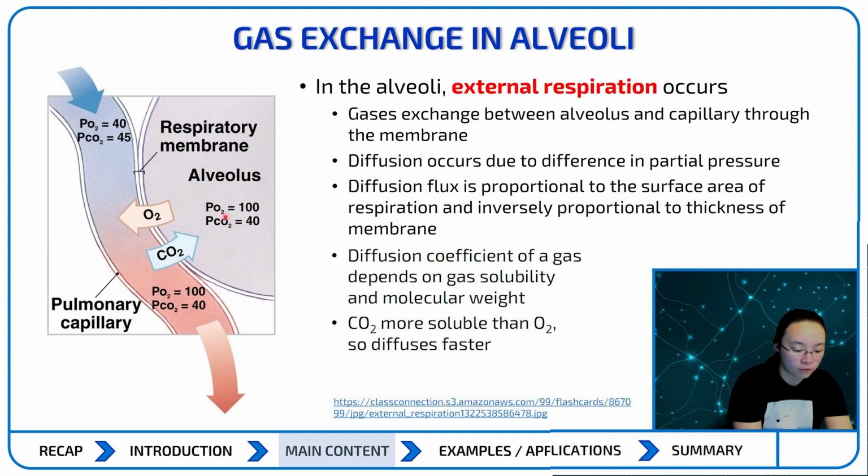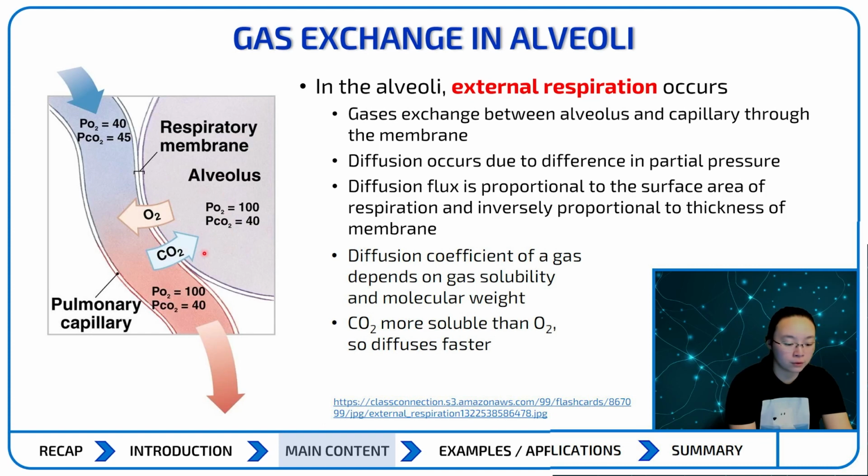Note that you have a concentration gradient where the partial pressure of oxygen is greater in the alveoli and less in the blood, because only deoxygenated blood needs oxygen. This creates a pressure gradient, allowing oxygen to come in.